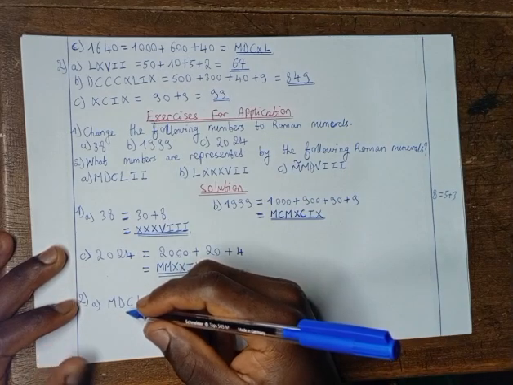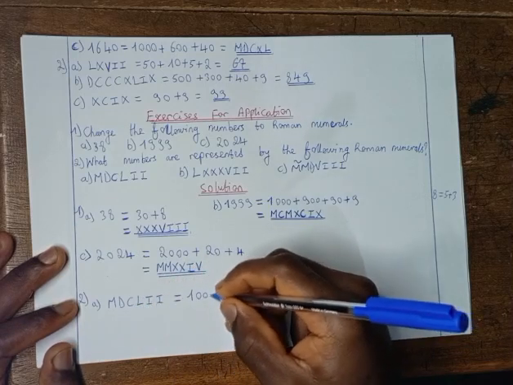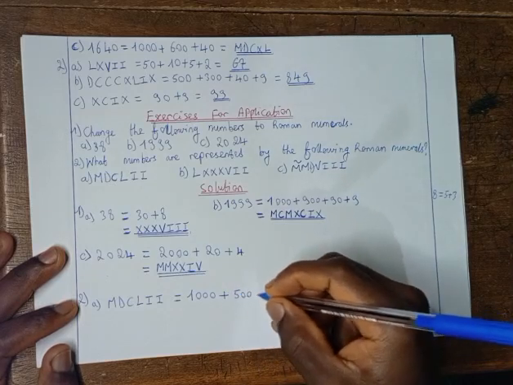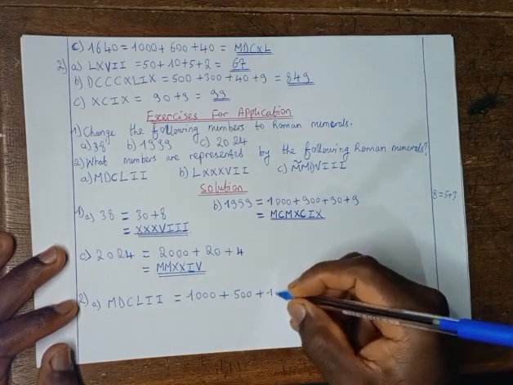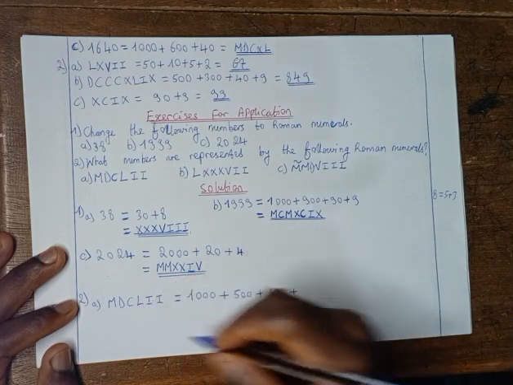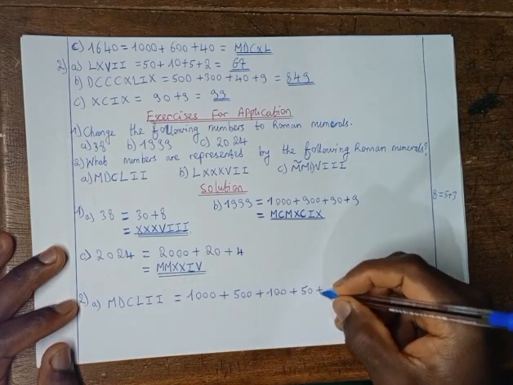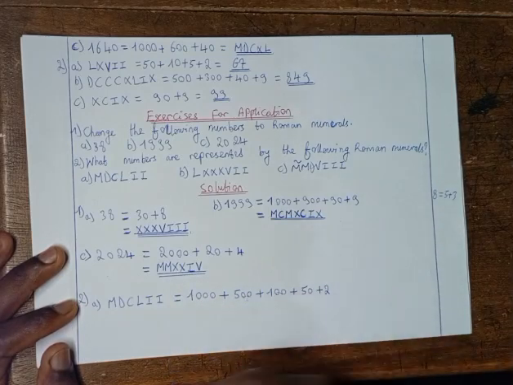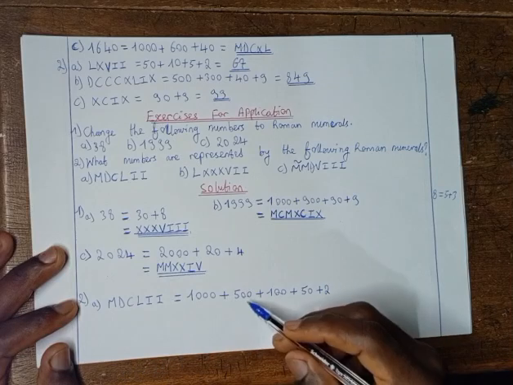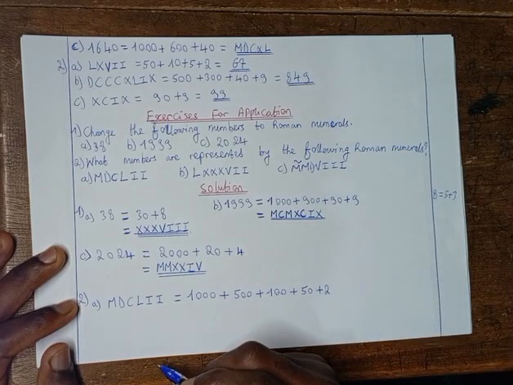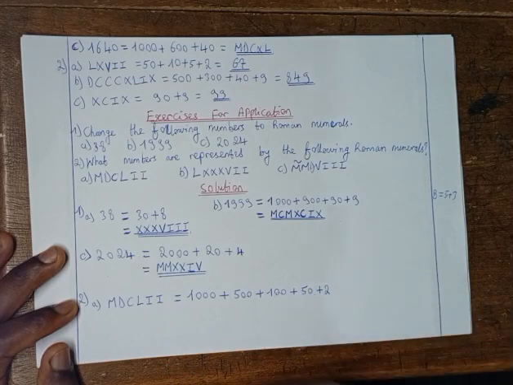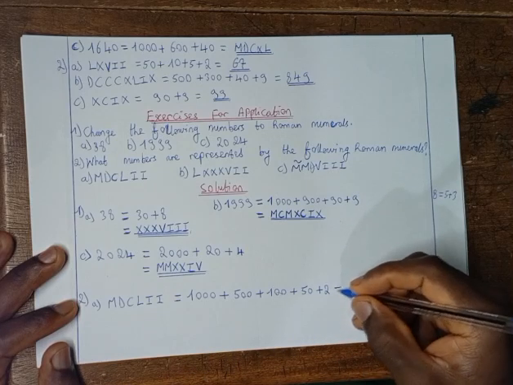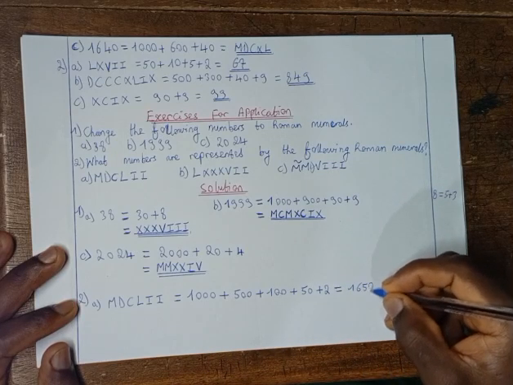We know M represents the number 1000 plus D represents the number 500 plus C represents the number 100 plus L represents the number 50 plus II represents the number 2. 1000 plus 500 gives us 1500. 1500 plus 100 gives us 1600. 1600 plus 50 gives us 1650. 1650 plus 2 gives us 1652.